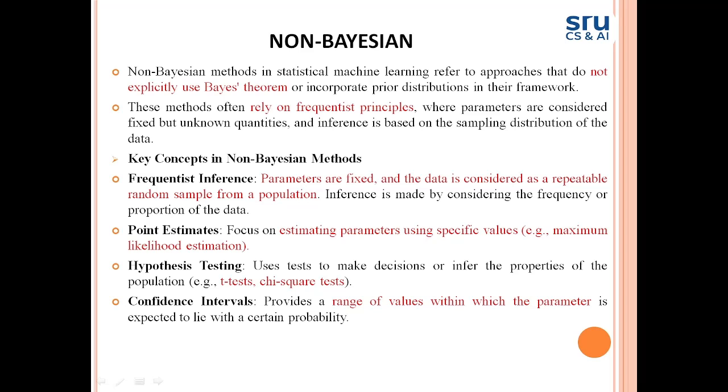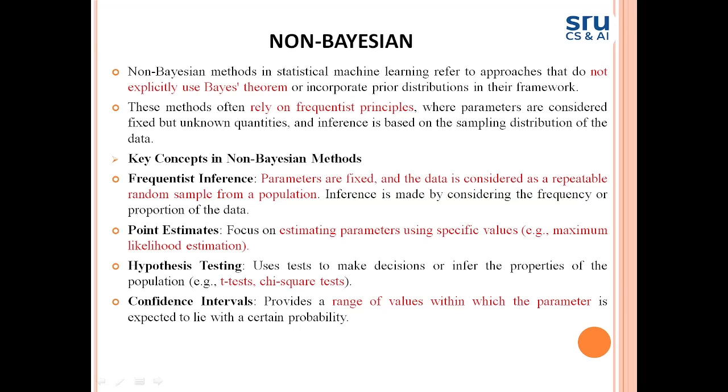It refers to approaches that do not require explicit use of Bayes' theorem or incorporate prior distributions in their framework. This method is based on, say, frequentist principle, where parameters are considered fixed but unknown quantities, and inference is based on, say, the sampling distribution of the data.